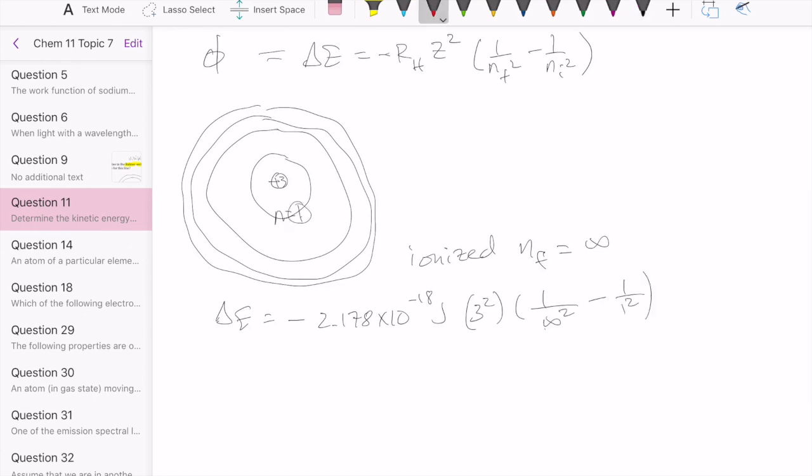And the first term would just give you 0, and this is of course just 1. And you have a negative here, so the negative and the negative end up canceling, so you get a positive number. So that makes sense because you need energy to knock this out. And so when you calculate all that out, you would get 1.96 times 10 to the minus 17 joules. And that's your work function.